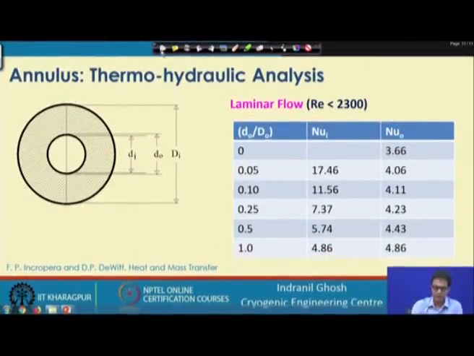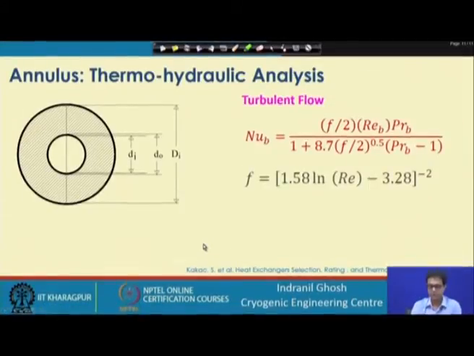Now, if we look at the other flow regime, that is the turbulent flow regime, the same correlations which we have said for the turbulent flow in the inner tube can also be applied for the annular space.